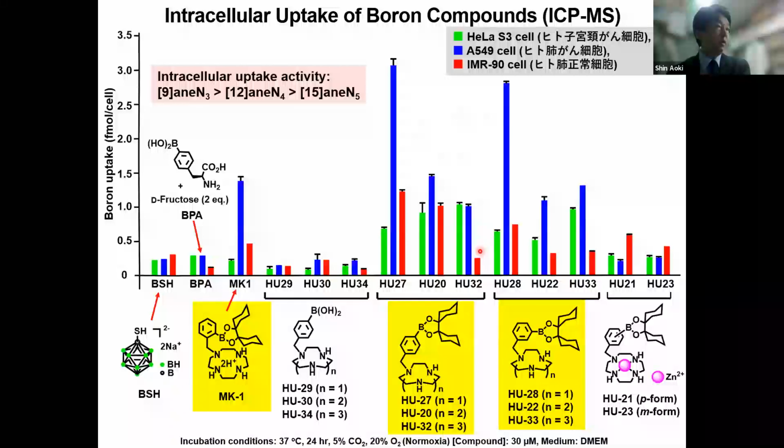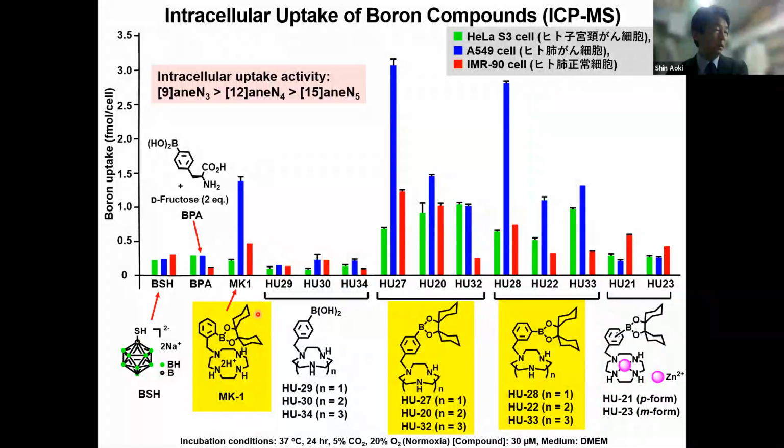The intracellular uptake of this compound was measured, as you can see here, and the intracellular uptake of MK1 is higher than the previous compound besides BPA, as I told you before.